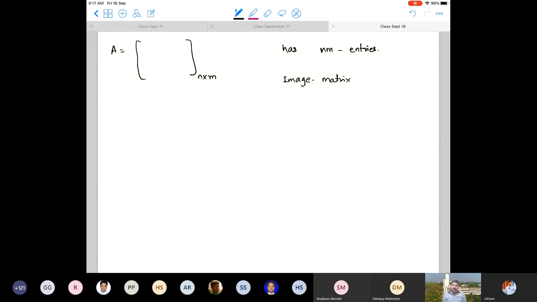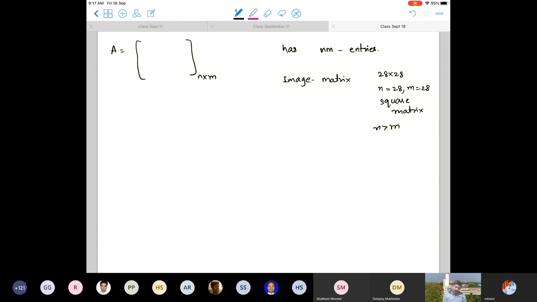So this image matrix for the MNIST data was 28 by 28. So there you had n is equal to m is equal to 28 in the notation that we are using here. So it is called a square matrix.